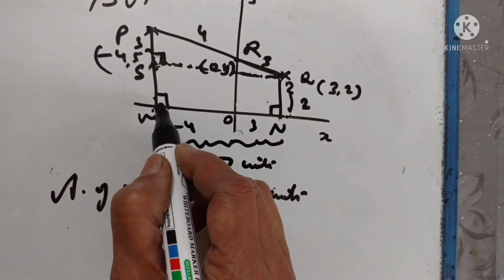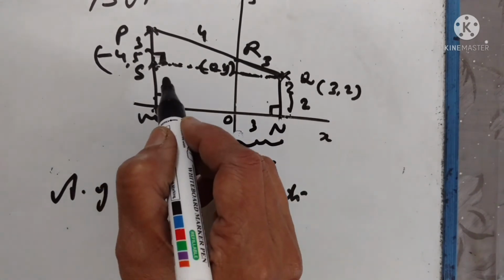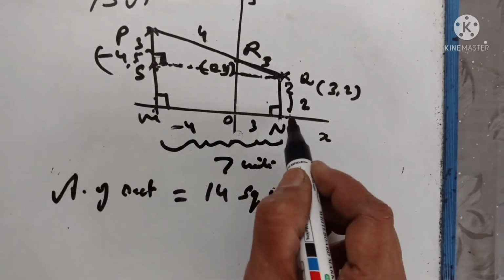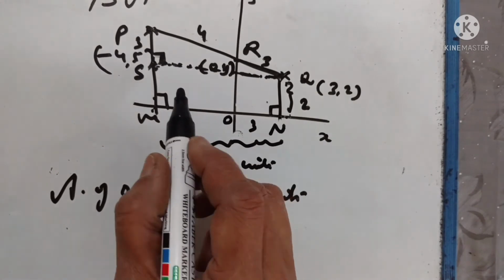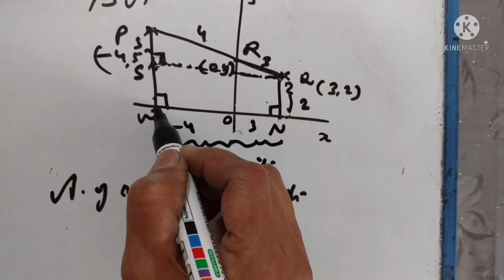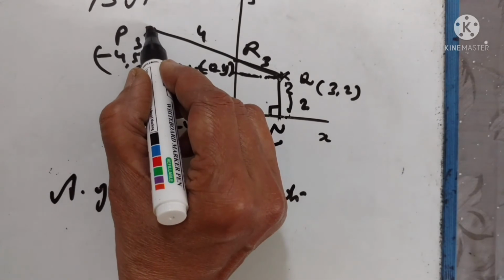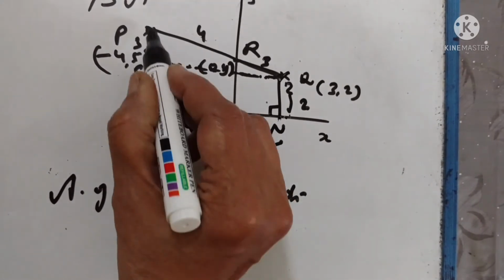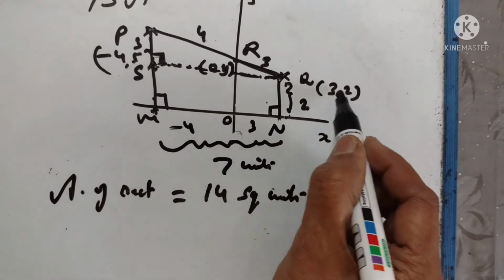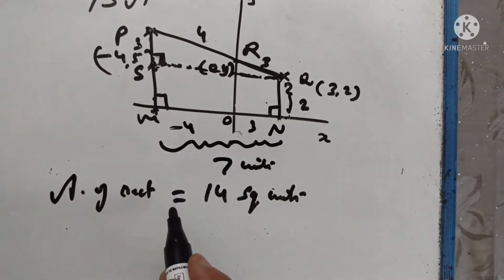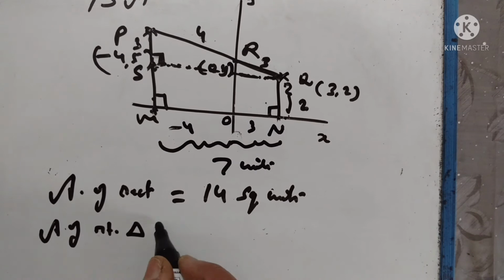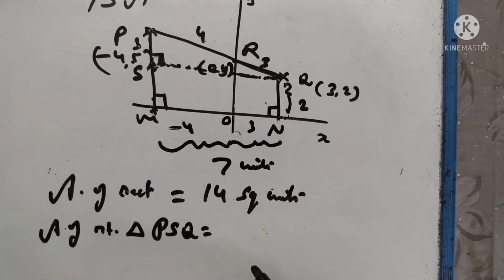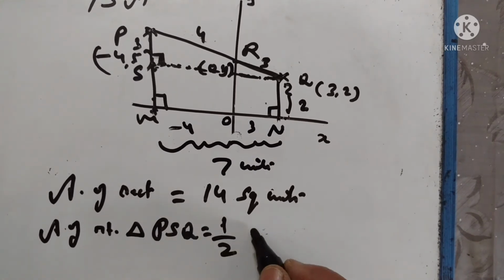PM is perpendicular to the x-axis and we have drawn SQ parallel to MN, so PS is perpendicular to SQ. PS is equal to what? From M to P it is 5, so 5 minus 2 is equal to 3. So area of right angle triangle PSQ is equal to half into the perpendicular sides.